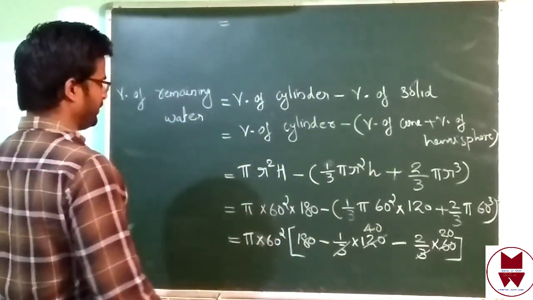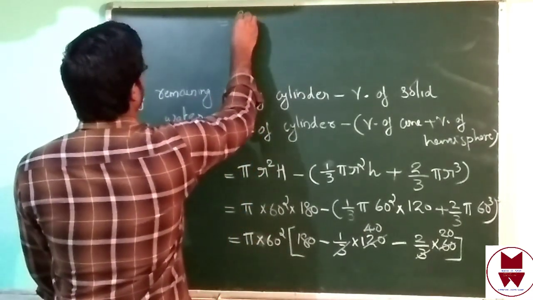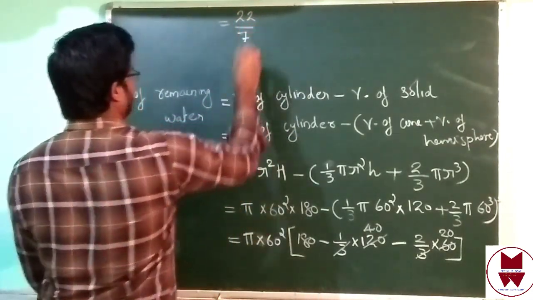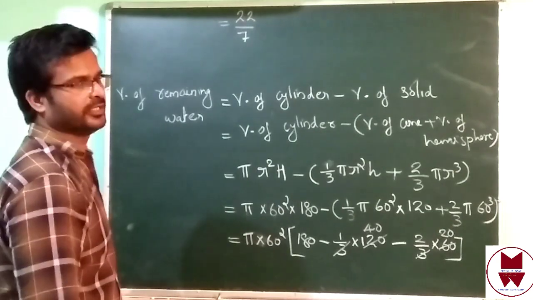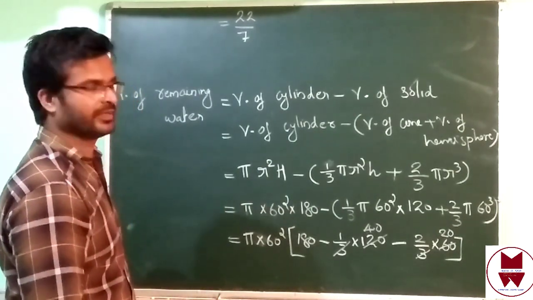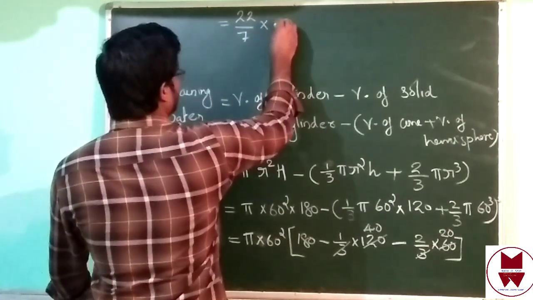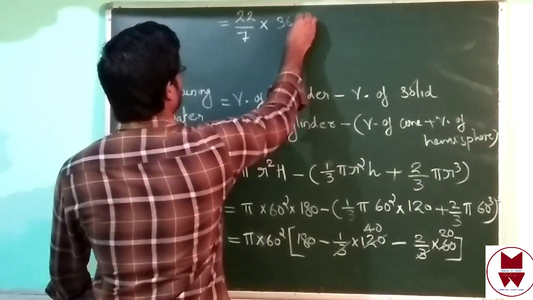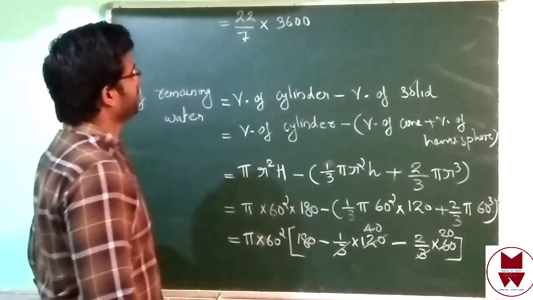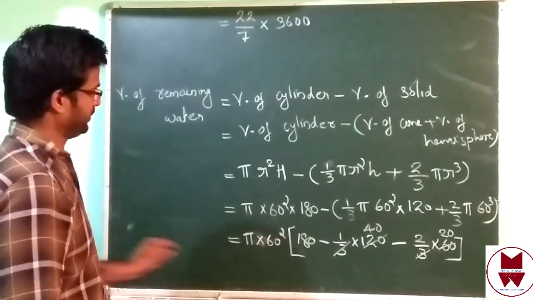Equal to, pi value we can give, that is 22 by 7. They are not given any value in the question, that's why 22 by 7. Then 60 square, 60 into 60, 6 into 6, 36. Then 60 into 60 means 3600, 2 zeros will come.